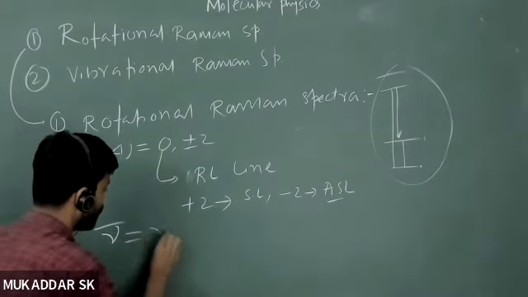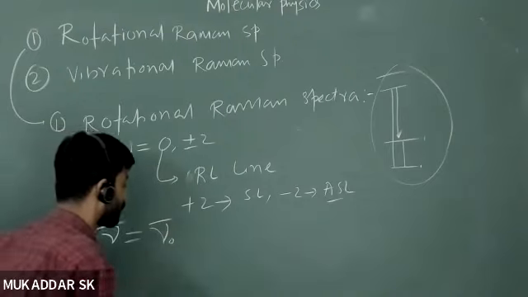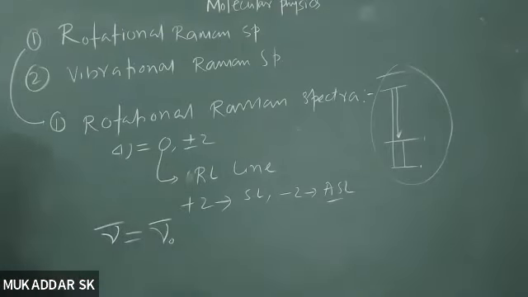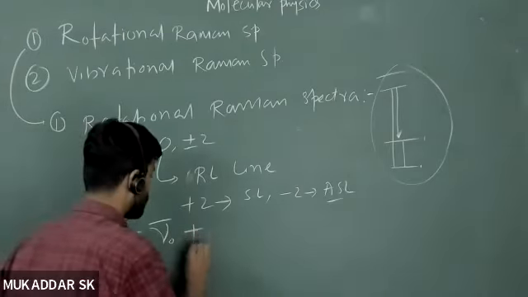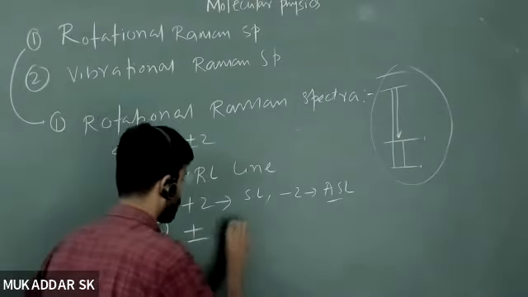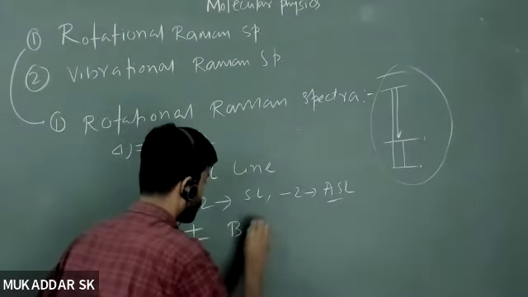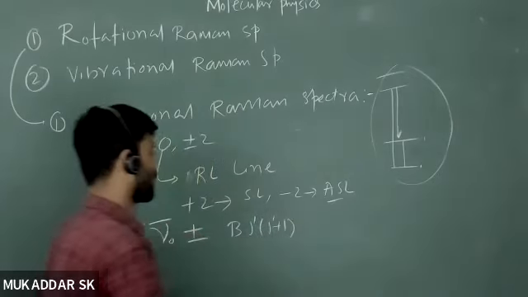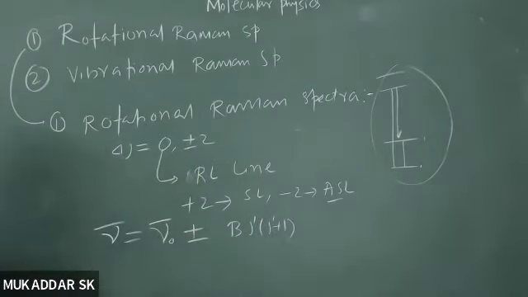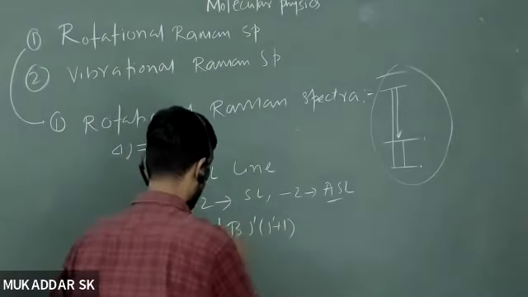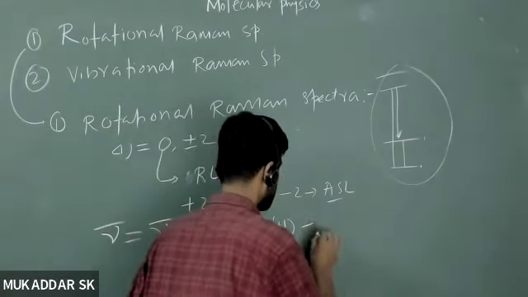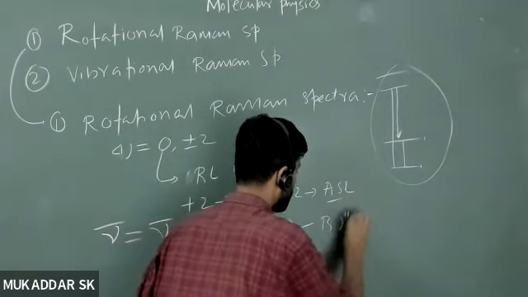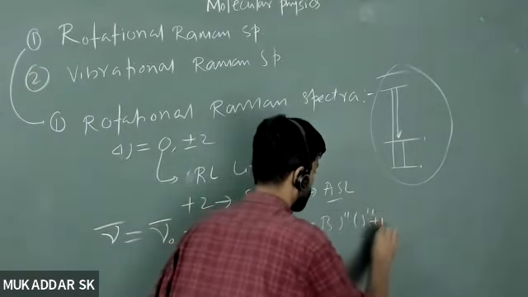That will be nu 0 bar, where nu 0 bar is actually the position of your Rayleigh line. Then you will have plus minus B J dash into J dash plus 1. This is the higher state rotational quantum number. Minus B J double dash into J double dash plus 1.